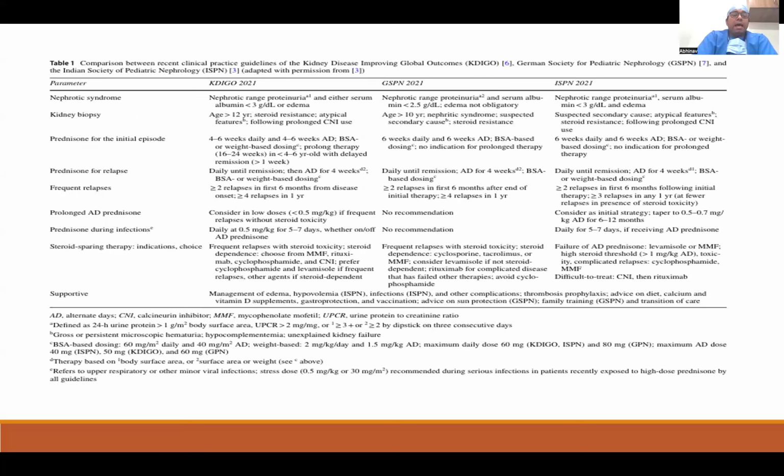This slide highlights the comparison between the recent clinical practice guidelines on nephrotic syndrome by the KDIGO group, the ISPN group, and the GSPN group. All these guidelines were published in the year 2021, and these are the latest updates. While answering questions in your exam, the key is also prepared based on these latest guidelines only.